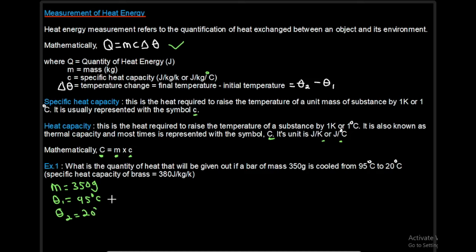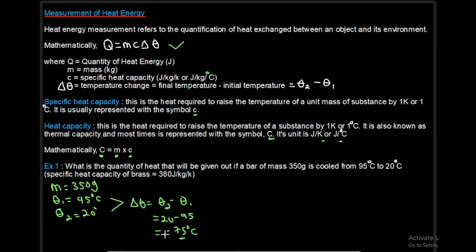So our change in temperature delta theta will be equal to final minus initial, which is 20 minus 95, and that gives us minus 75 degrees Celsius.